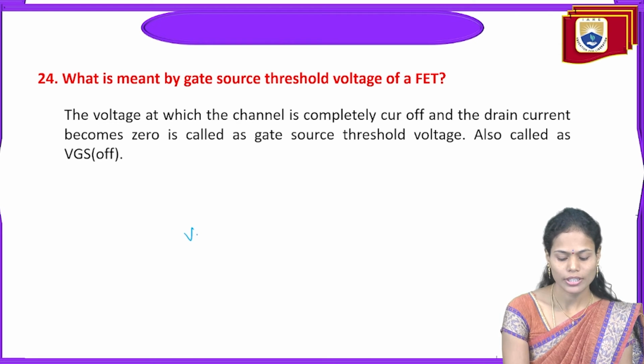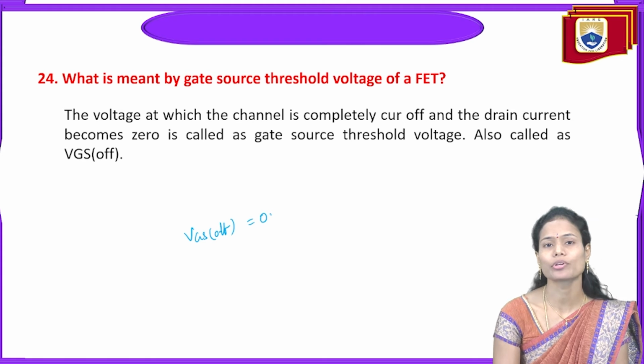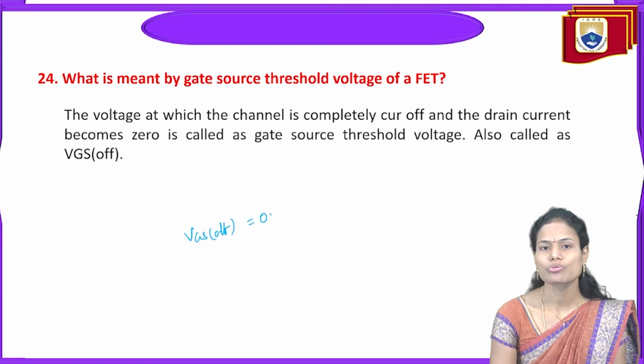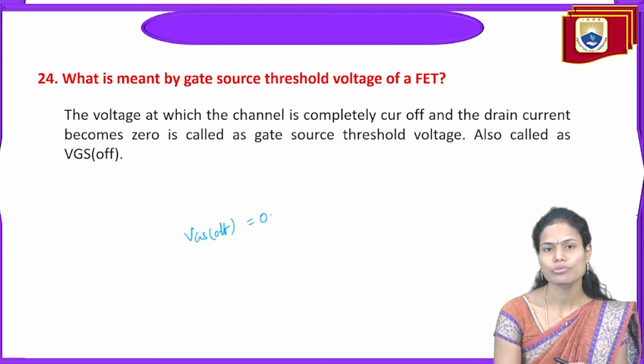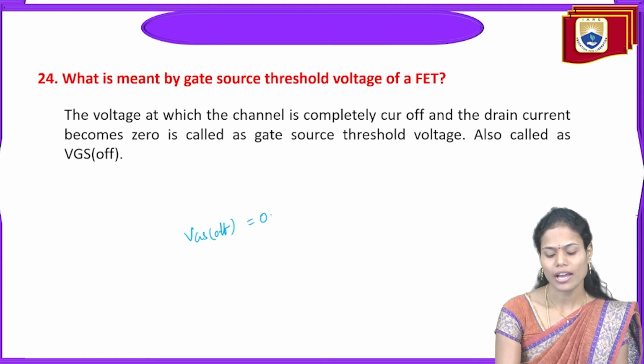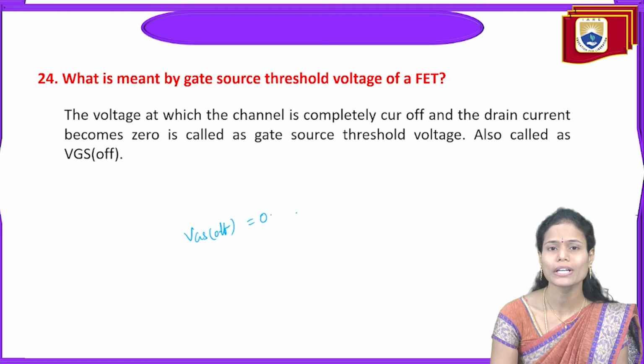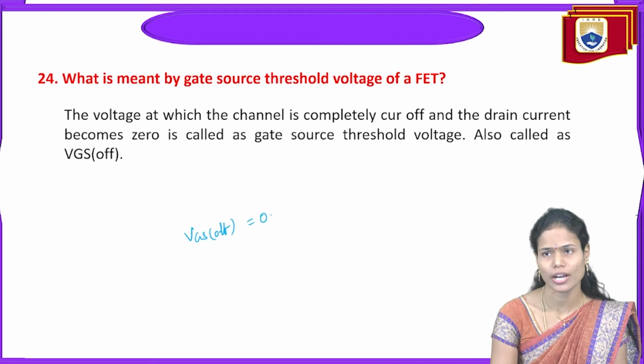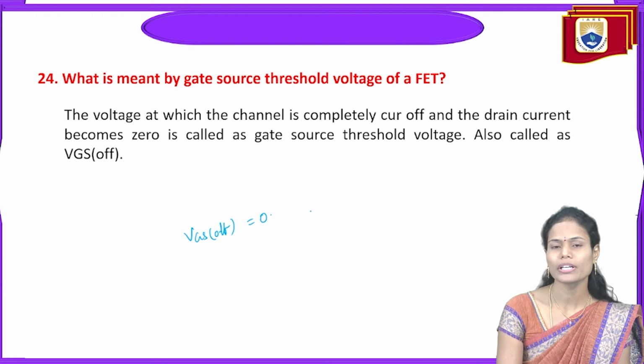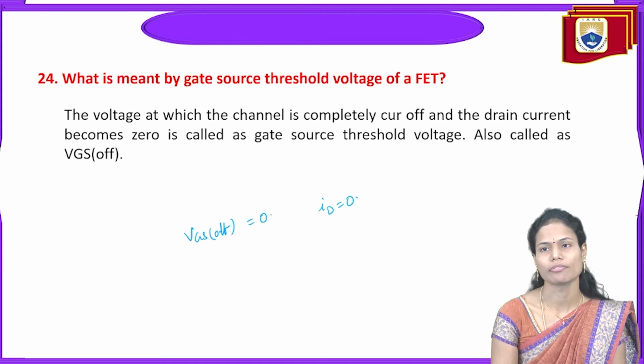Whenever we are not providing any gate to source voltage, the channel is completely in the cutoff region. That is, there is no movement of majority charge carriers in the channel, so there is no drain current in the device.